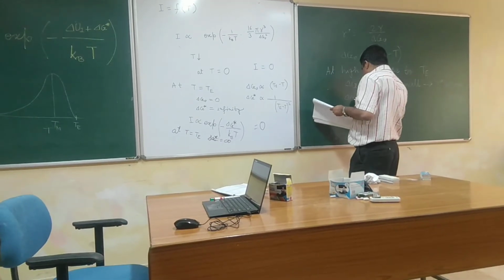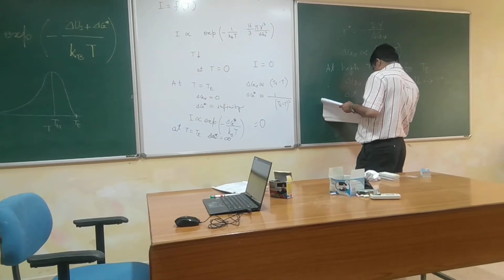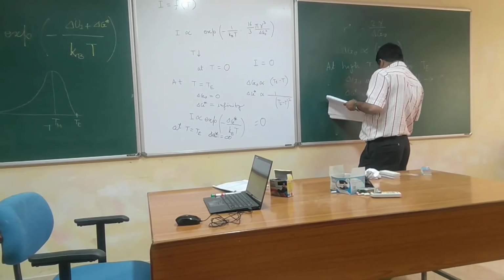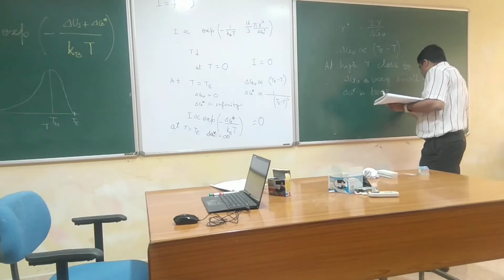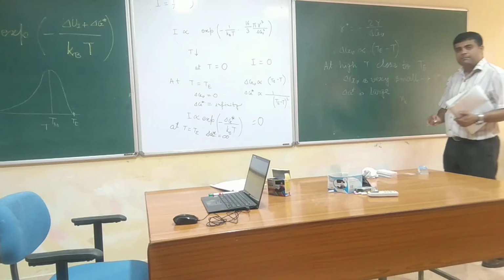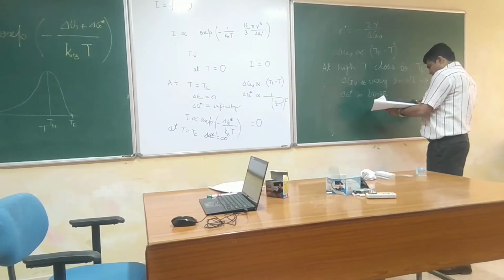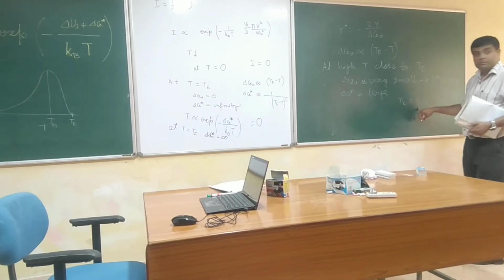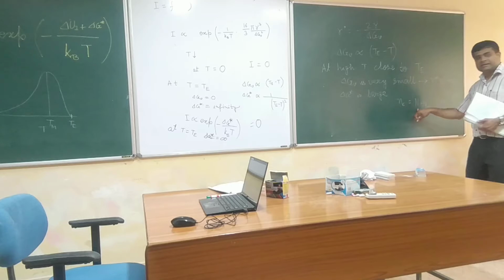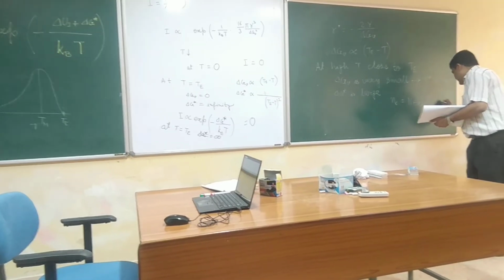So delta G star is large, and your NC, that is the equilibrium number of critical nuclei, is given by the total number of sites times exponential minus delta G star over kT.